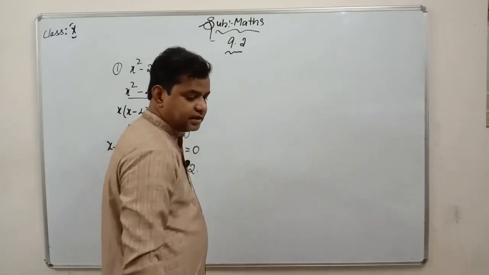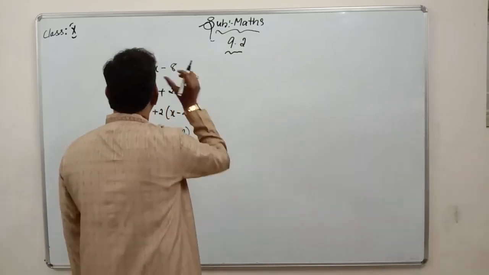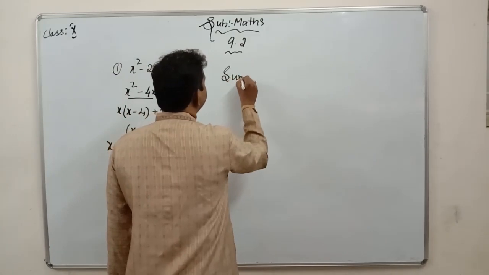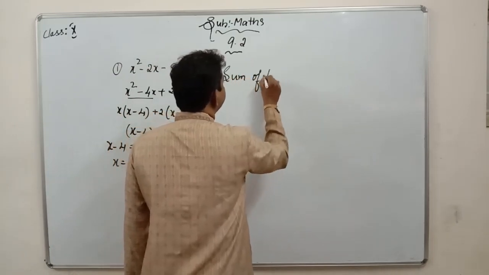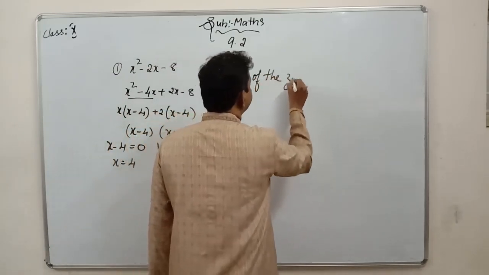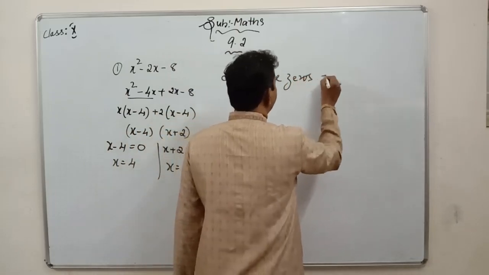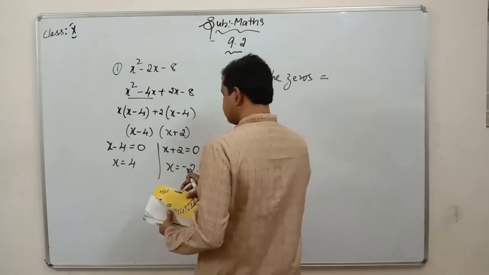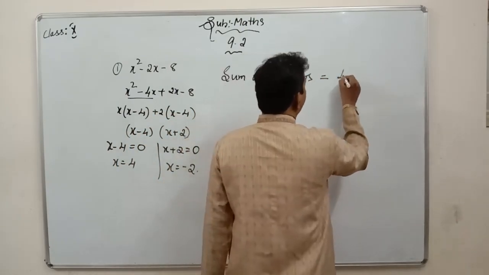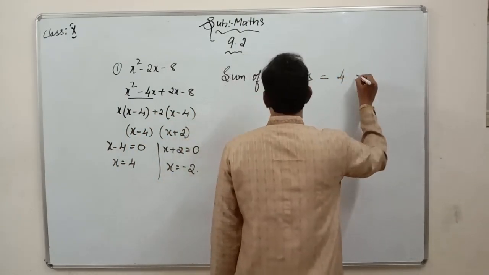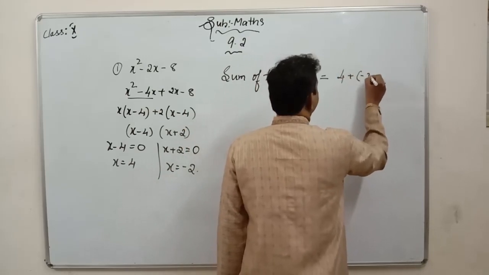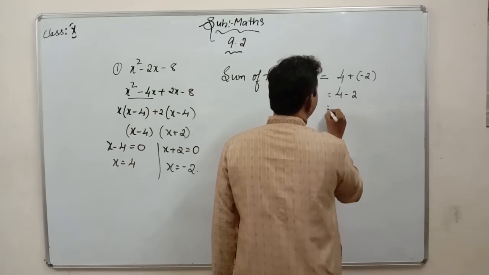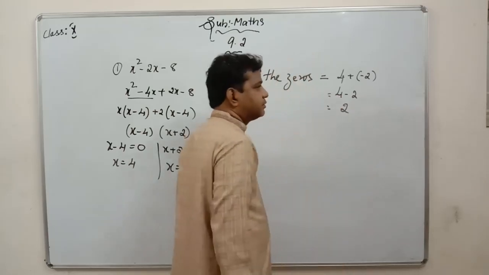You can write this in this form also, that is sum of the zeros equals to what you got, 4 and minus 2. So 4 plus of minus 2 is there. So you'll get 4 minus 2. This equals to 2 will get here.